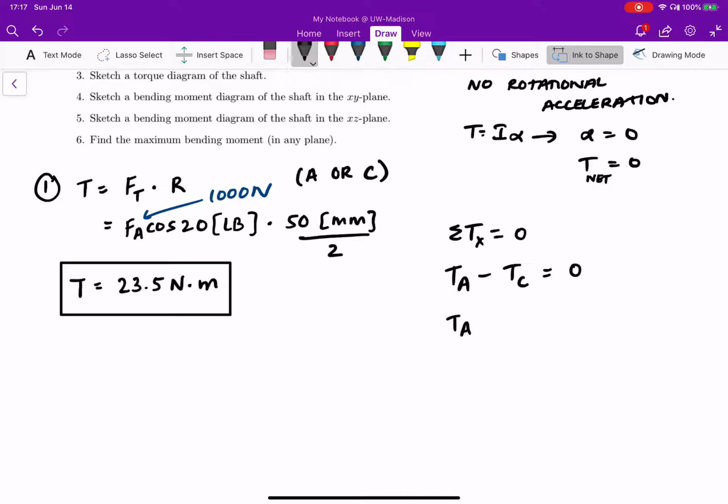So the torque at A is equal to the torque at C, and so the torque at C is equal to 23.5 Newton meters.